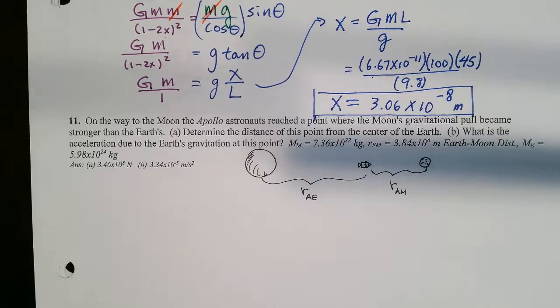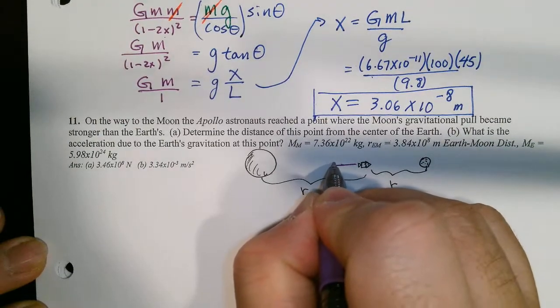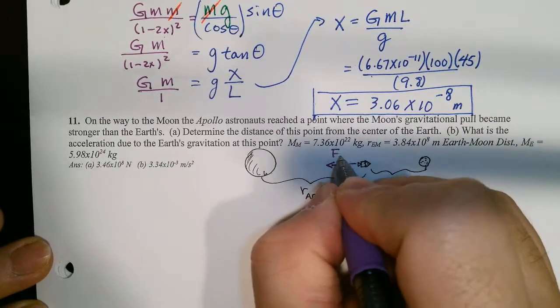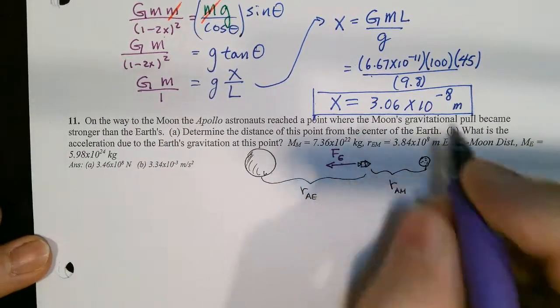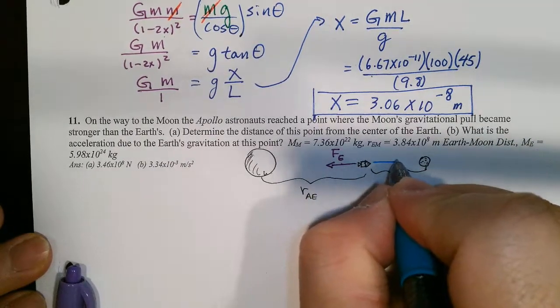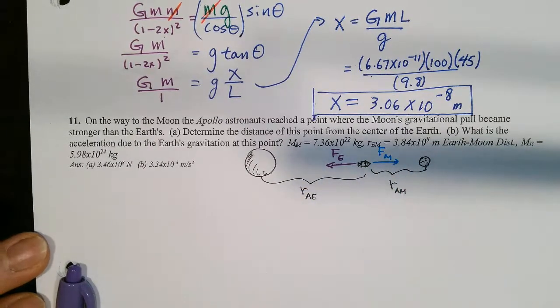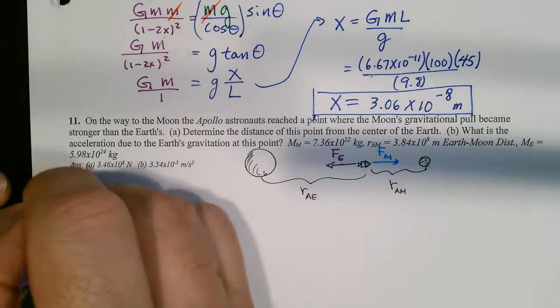So here, I'm going to call the force this way F Earth, and then I'm going to call this way F Moon, and they have to be equal to each other, basically, right?